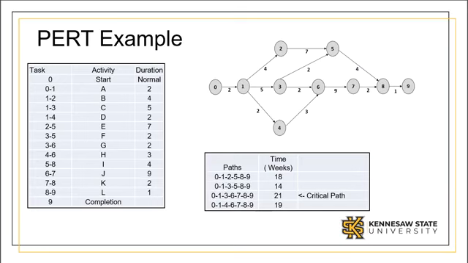To calculate the critical path, we add the times of each possible path. These paths and the times are shown in the table in the bottom right. The critical path would be the longest duration. In this case, 0, 1, 3, 6, 7, 8, 9.